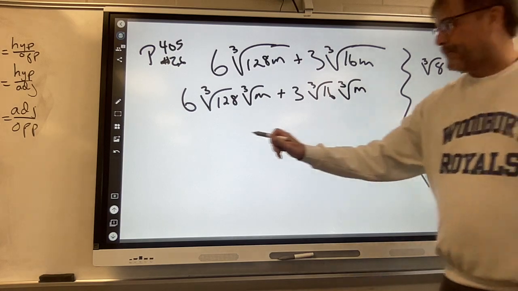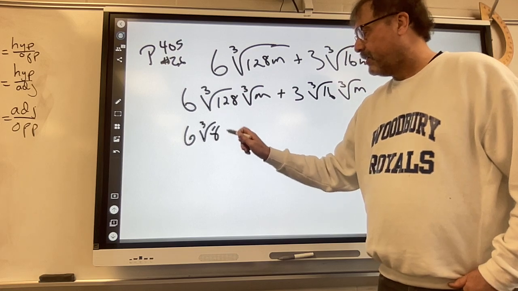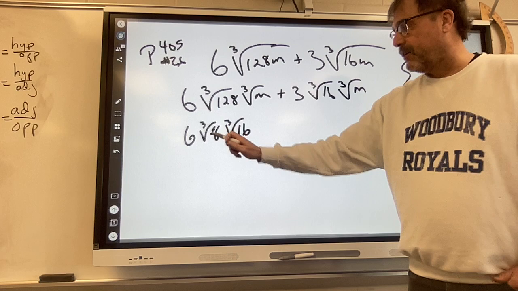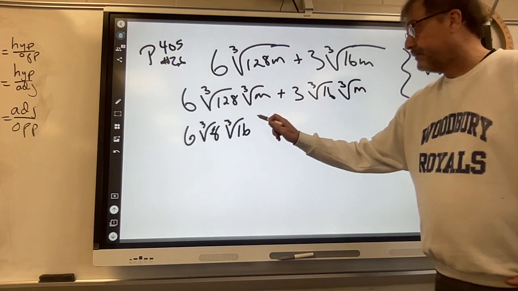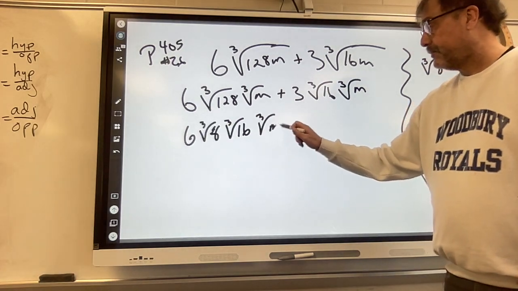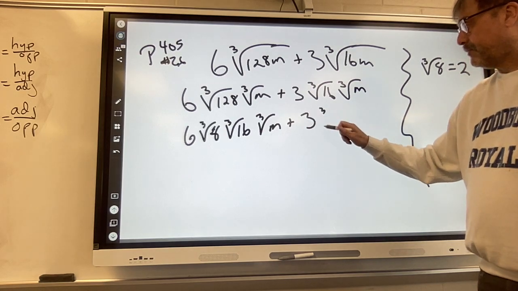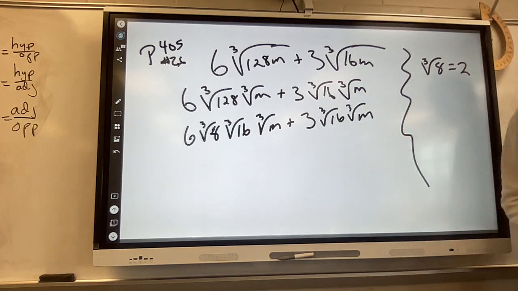Let's do it the long way. The cube root of 8 and the cube root of 16. That cube root of 8 is going to become a 2 very soon, as soon as I do something more.